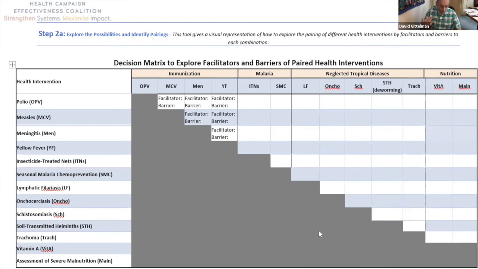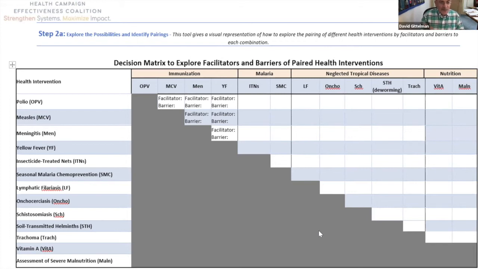In order to go through this conversation about continuing or starting an integration, in this case ITN with another intervention, we developed a series of very simple worksheets to help think through each process of this and all the considerations and criteria necessary to look at this.